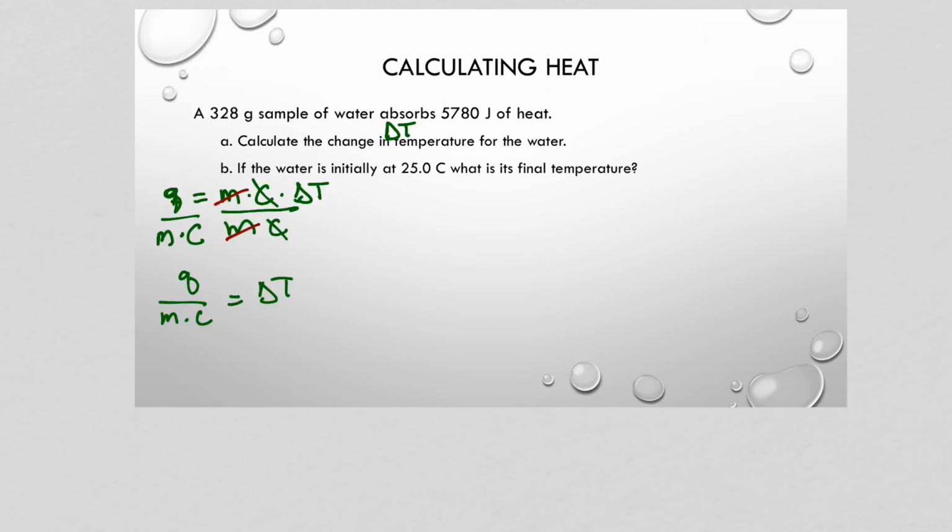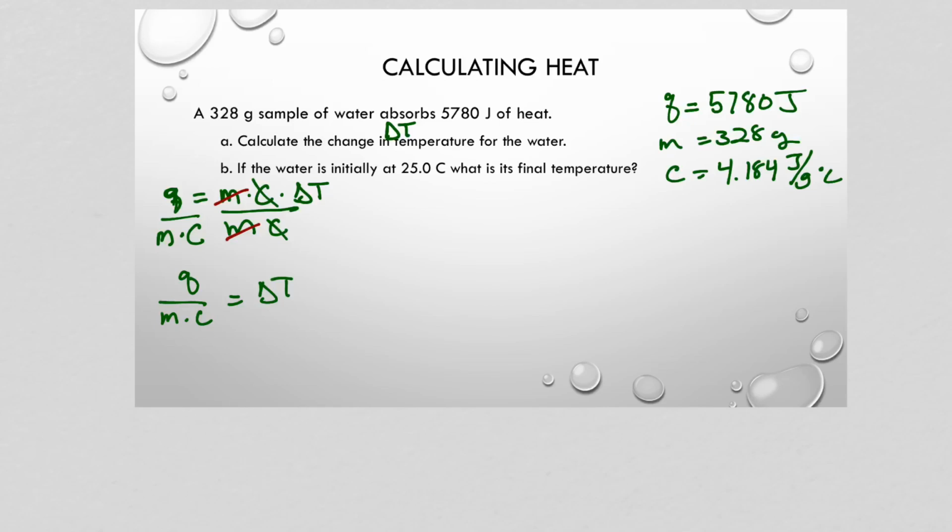So if we look at what we know here, Q equals 5,780 joules. We know that M equals 328 grams. We know that C, if we look at our table for water, is 4.184 joules per gram degrees Celsius.